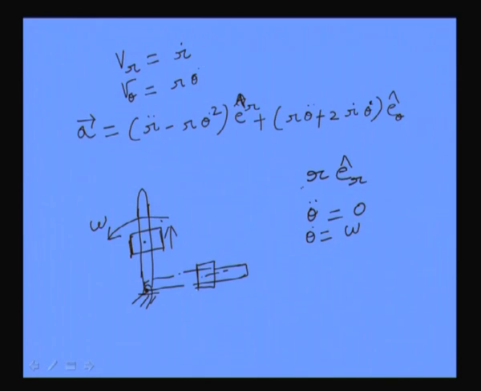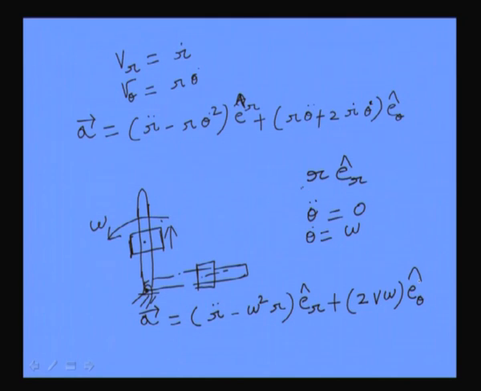Then the acceleration of the block which is moving will be written as A is equal to r double dot minus omega square r er plus r theta double dot, that is 0. So, 2 and r dot can be written as v, which is the relative velocity of the block on the link. So it is 2v times omega e theta.